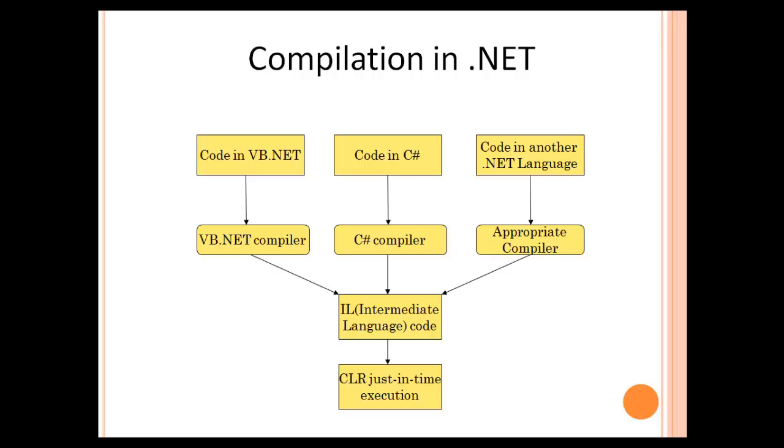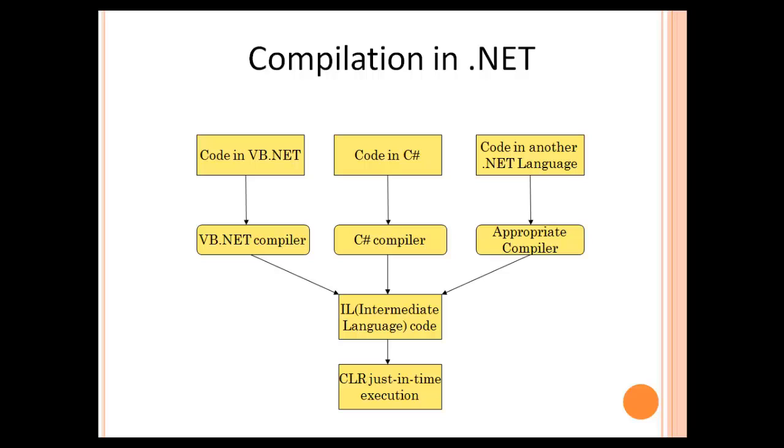Compilation in .NET happens in two stages. In the first stage, .NET source code is compiled into IL, or intermediate language. It's like if you are writing C# code, the compiler compiles it to intermediate language.